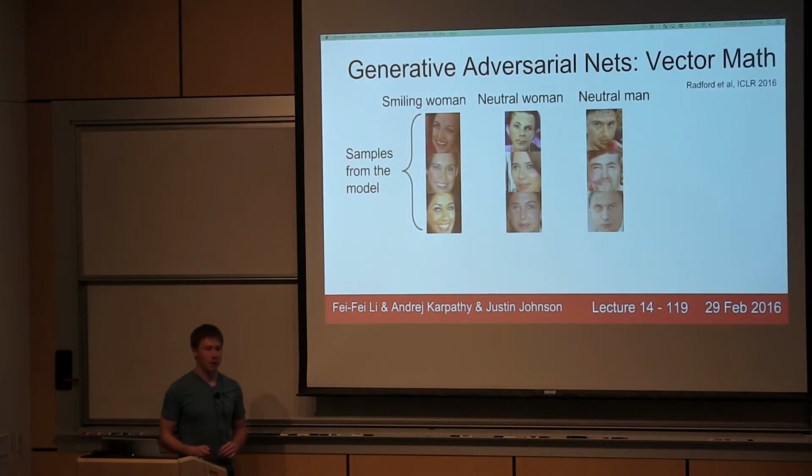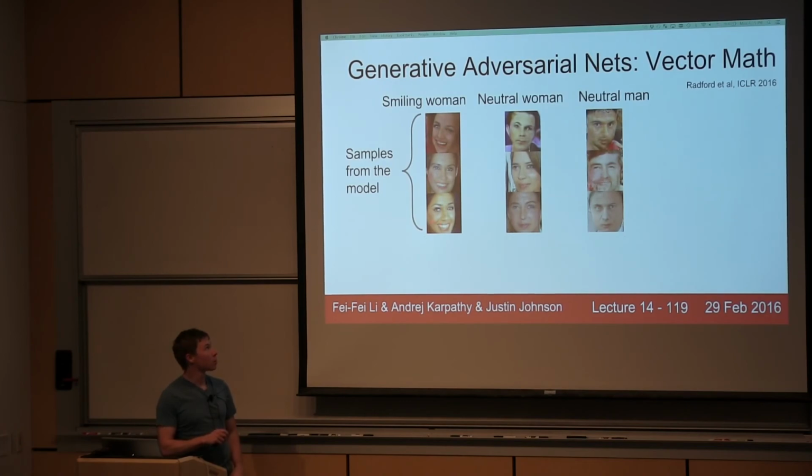Another cool experiment in this paper is using vector math to play around with the type of things that these networks generate. The idea is that they generated a whole bunch of random samples from the noise distribution, then pushed them all through the generator. Then, using their own human intelligence, they made some semantic judgments about what those samples looked like and grouped them into a couple of meaningful semantic categories.